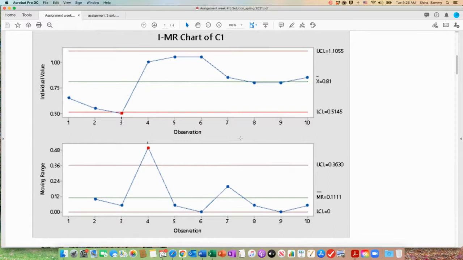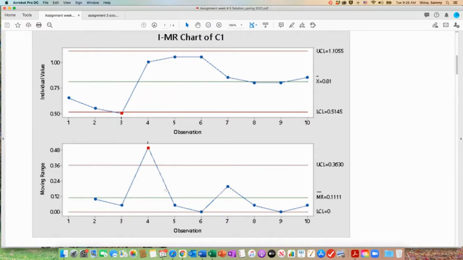So now you have a sample of one, and the X bar chart is a single measurement. You can see here there are 10 parts, so there are 10 measurements, and the X bar is the average of the 10 measurements.